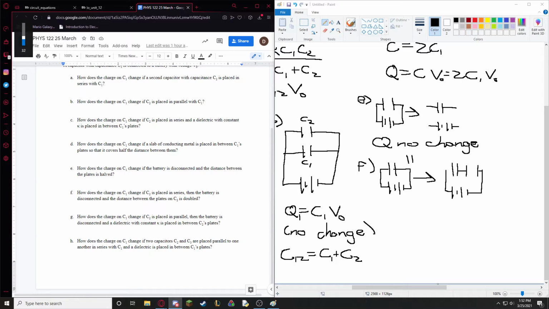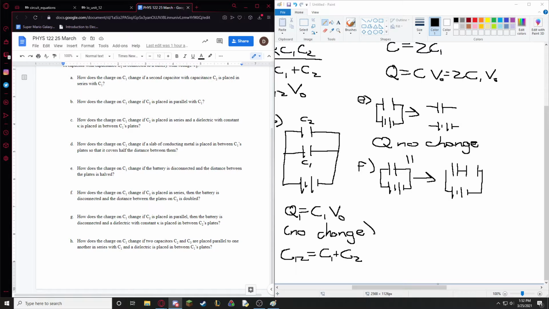All right, so how do we, first of all, approach this problem? So we're going to connect C2 in series, and then the battery is going to be disconnected, and the distance between the plates on C2 is doubled. So, first of all, what's the first step? First, we connect C2.